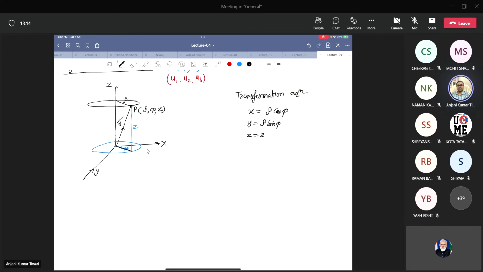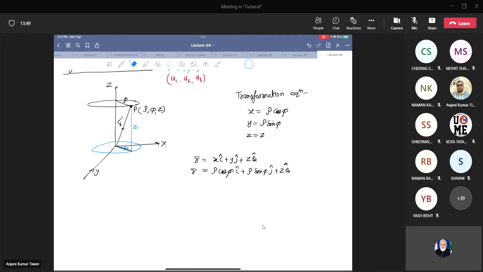As we have done earlier, any vector r, which was earlier xi plus yj plus zk, can now be written as rho cos phi i plus rho sin phi j plus zk. Now I have to find the unit vectors in the rho, phi, and z directions. So let us use the trick.